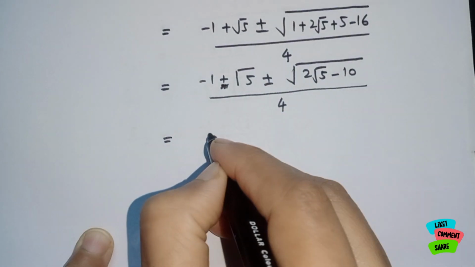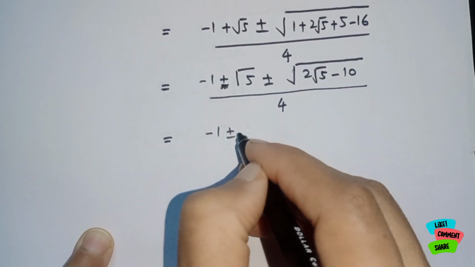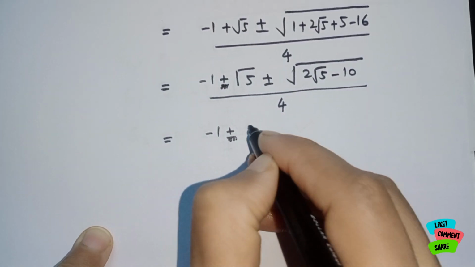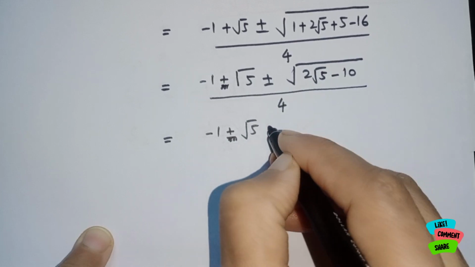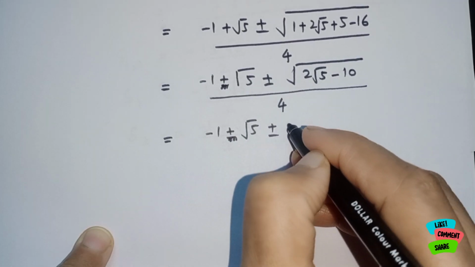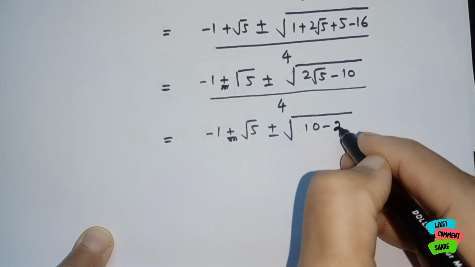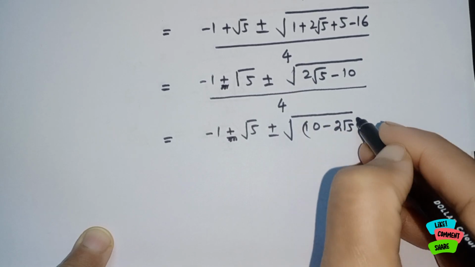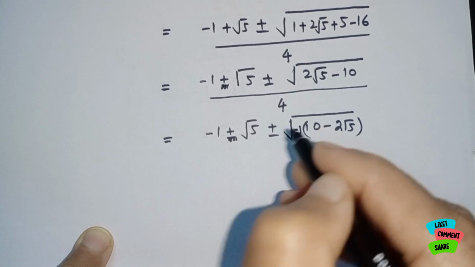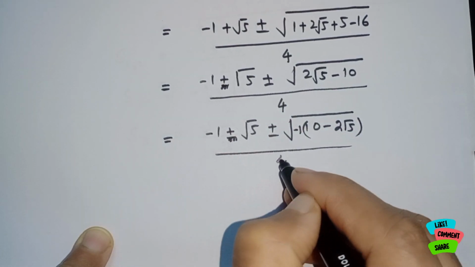So from here we have minus 1 plus square root 5 plus or minus, we can write it as 10 minus 2 square root 5, and we will take minus as common over 4.